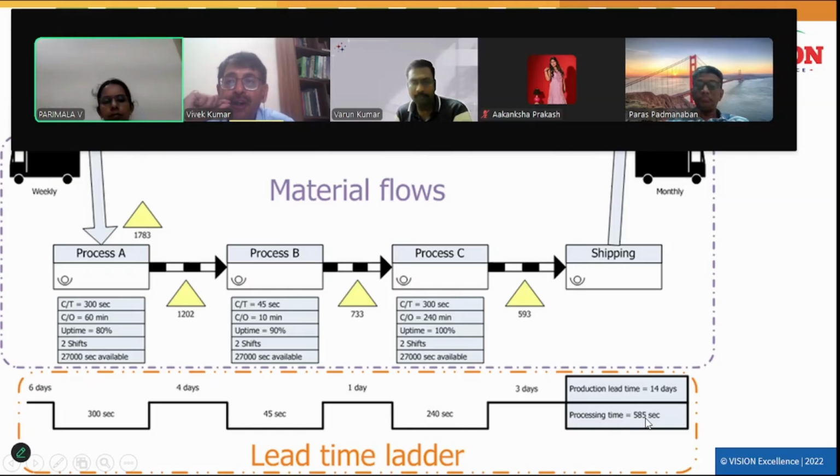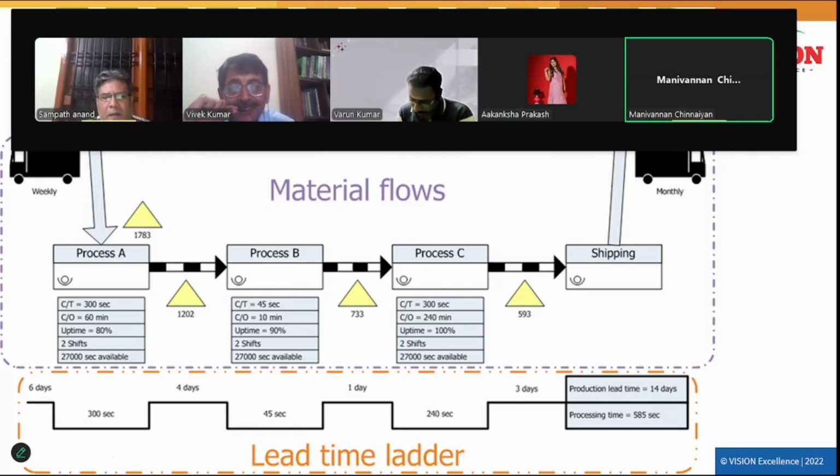Now I want all of you to have a deep look, and I have intentionally made one mistake here. Please check and tell me. Cycle time 300 seconds, therefore this spends 300 seconds. Cycle time 45 seconds, therefore it spends 45. Varun?